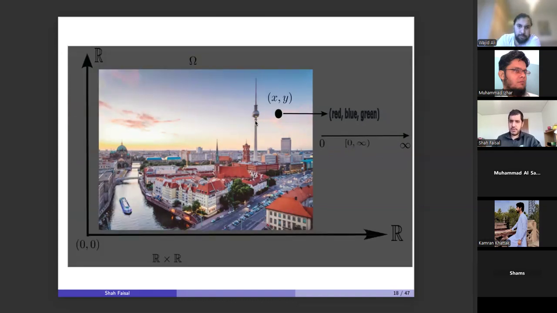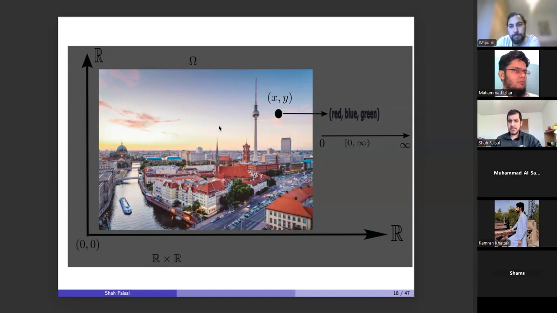Very well. So now consider this picture to be placed in R2, and think of it as a subset of R2. So it's a rectangular region which I denote by omega. Then each point which has coordinates x and y, you assign 3 values, which are basically the values of red, blue, and green color.